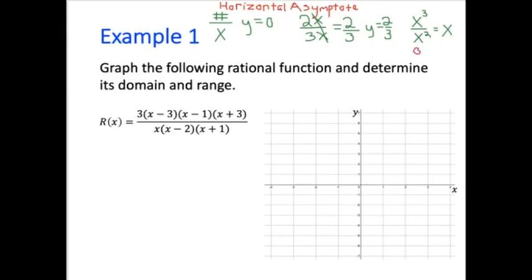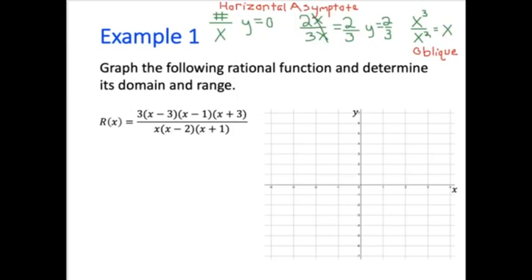Oblique asymptote. And so to find the oblique asymptote, sometimes called a slant asymptote, what you would do is divide the entire numerator by the denominator. And you get the equation of the line without using the remainder, of course. We went over that as well. But you're going to divide the denominator into the numerator for that.